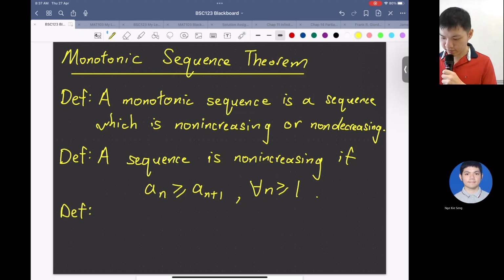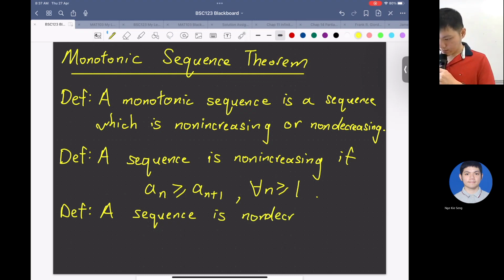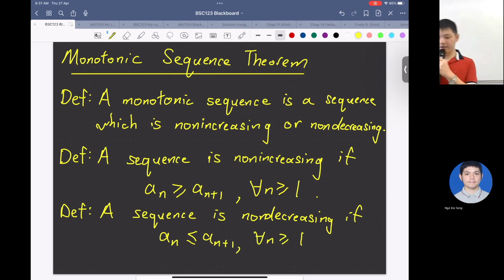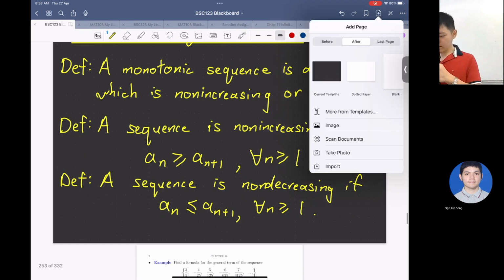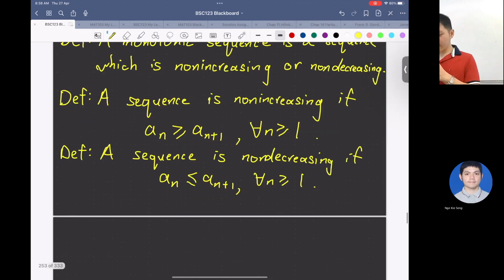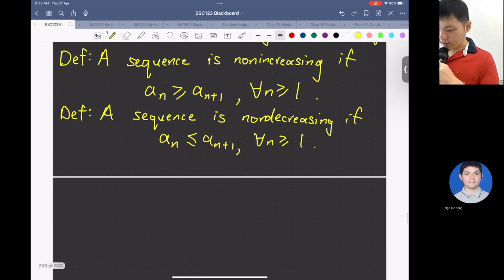Similarly, you can define a non-decreasing sequence where a_n is less than or equal to a_(n+1). You can see that these two just switch the inequality. Similarly, can I define decreasing?